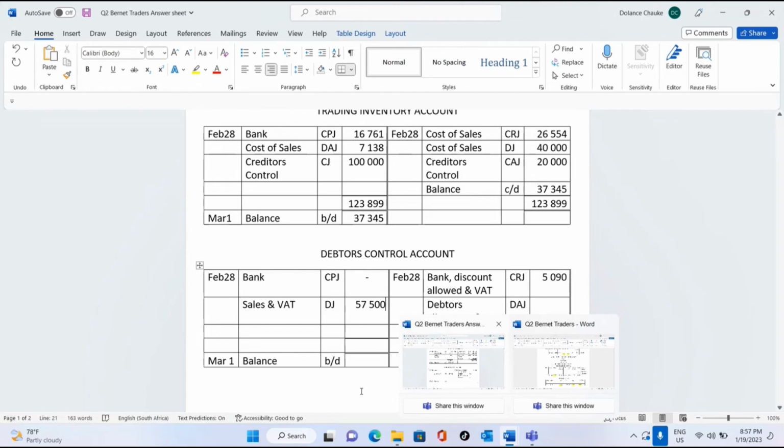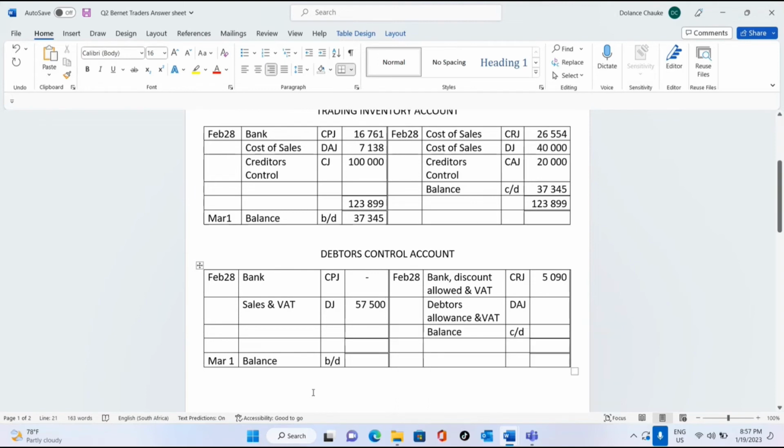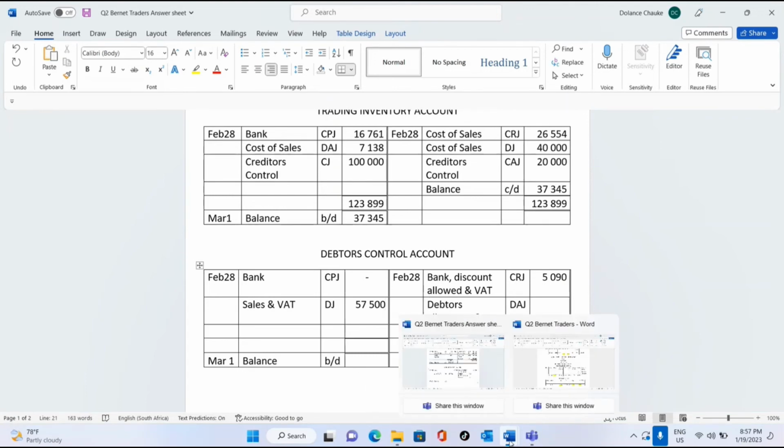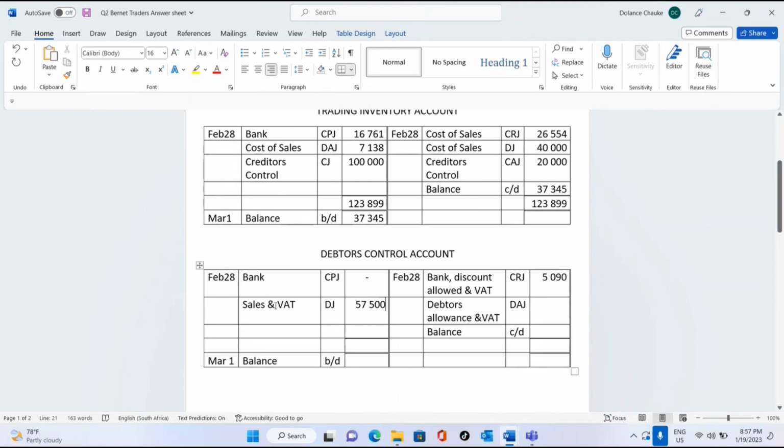Sorry, Dollar, can I ask? Yes. So they buy debtors journal. When they say sales plus VAT, are we not going to calculate the 5,750 using VAT, or we just leave it as is? We just put the sale. I'm not sure if I get you. And get it says sales plus VAT. Yeah, sales. Are and we not VAT. gonna say 56? Or is You that want us- 5,7? You wanted us to say what, to indicate in brackets? I don't know if I get you. I think so.